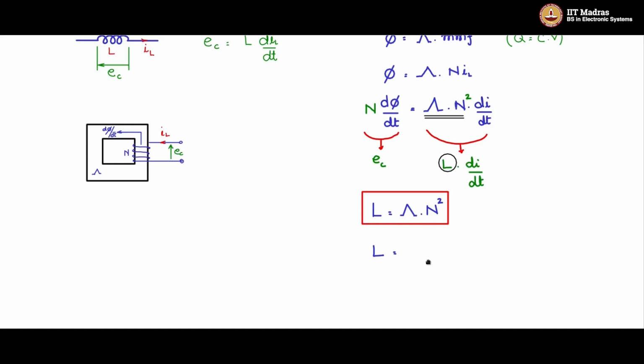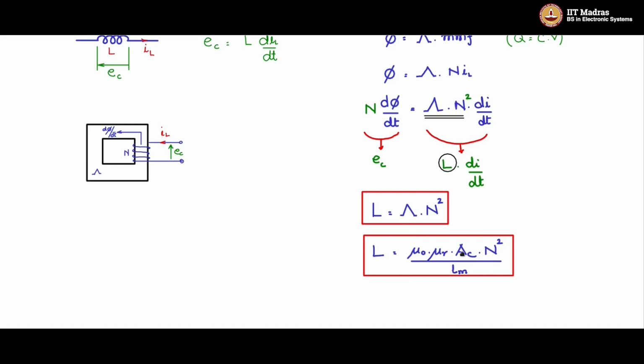L is equal to permeance is mu naught into mu r into AC, core cross section area, into N square here, and divided by Lm, the mean magnetic path length. So you see that the inductance is related to the permeability, the core cross section area, the number of turns, mean magnetic path length, all the physical and the magnetic properties.